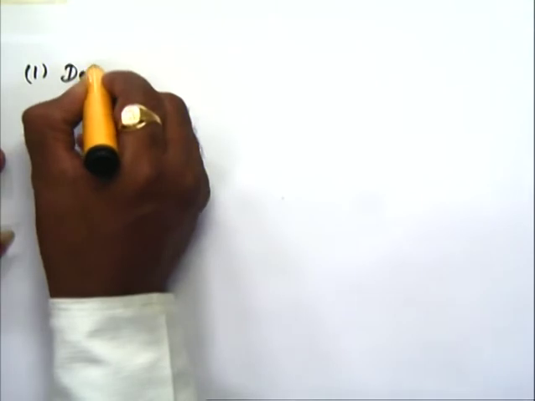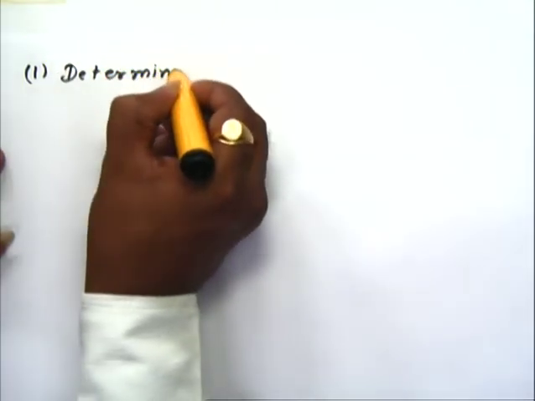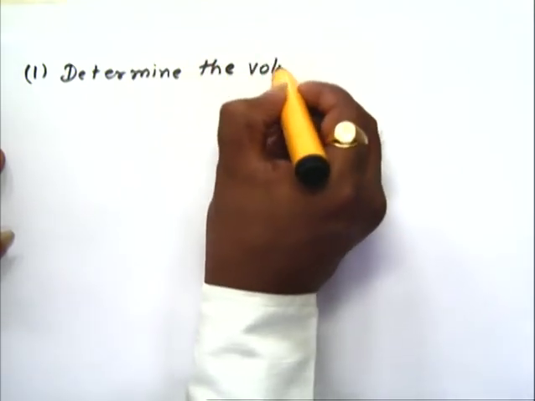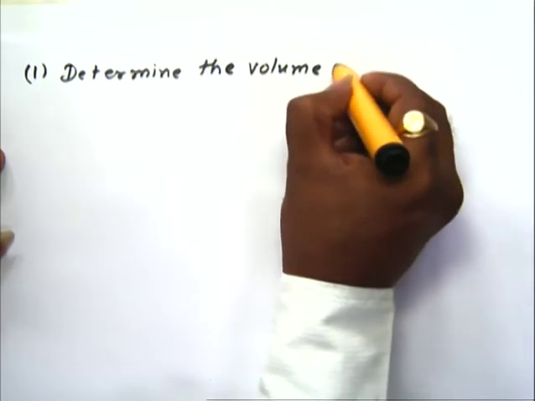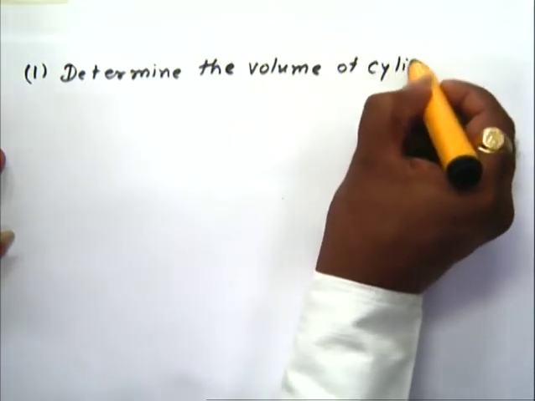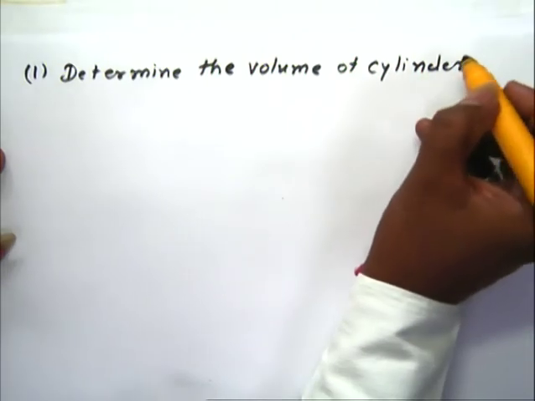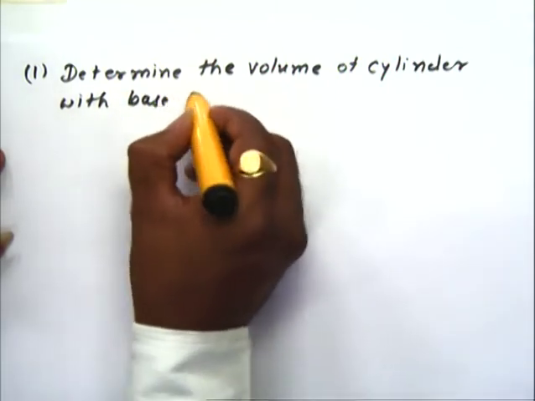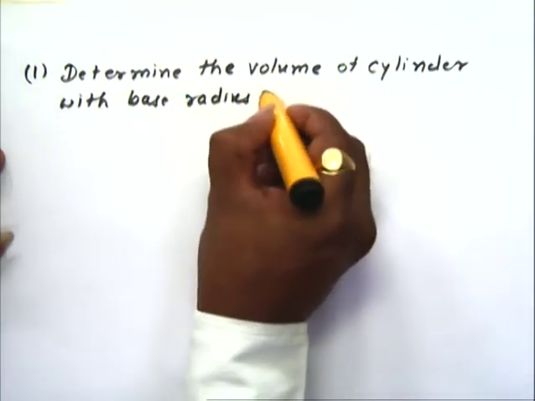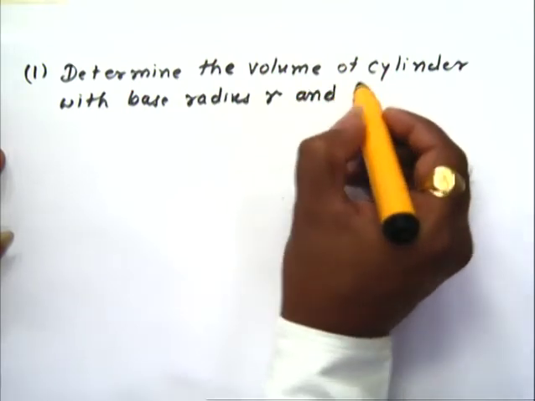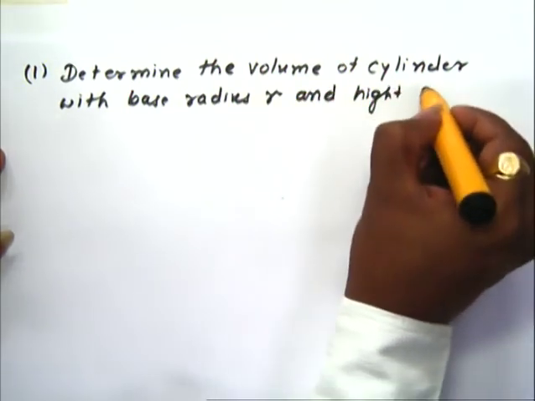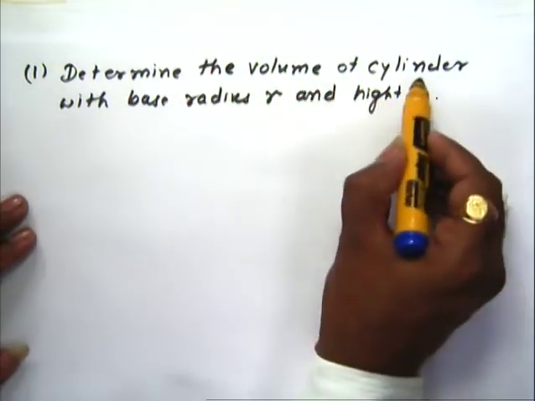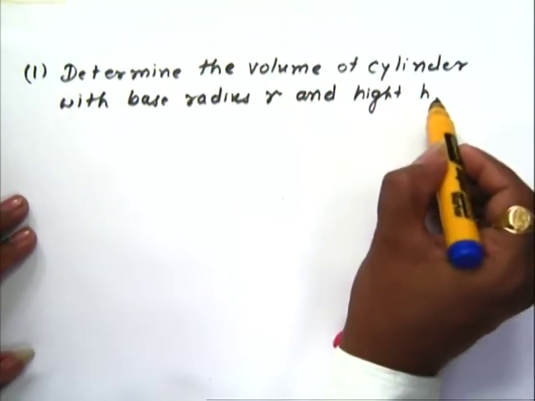Determine the volume of cylinder with base radius r and height h. Determine the volume of cylinder with base radius r and height h.